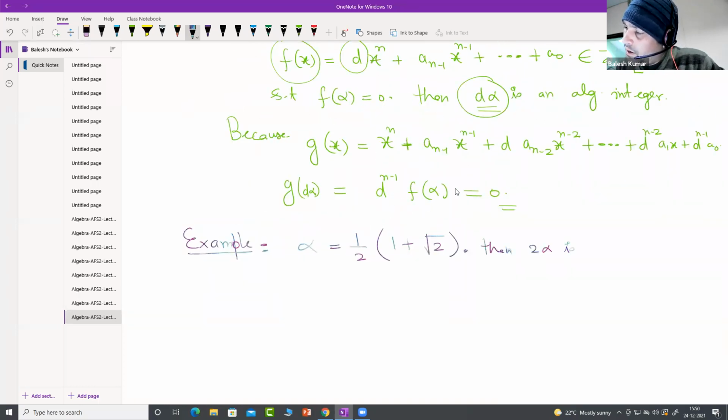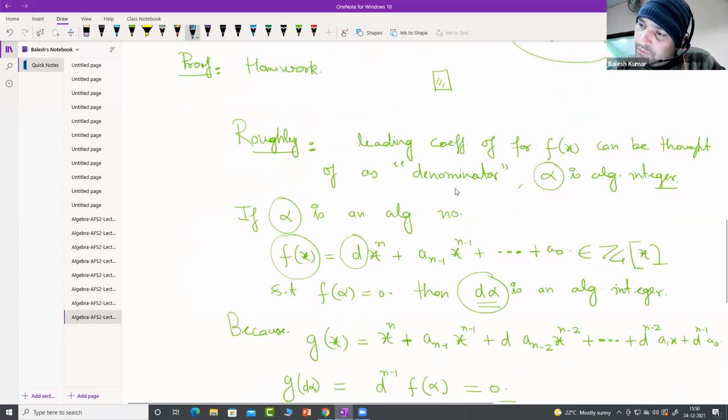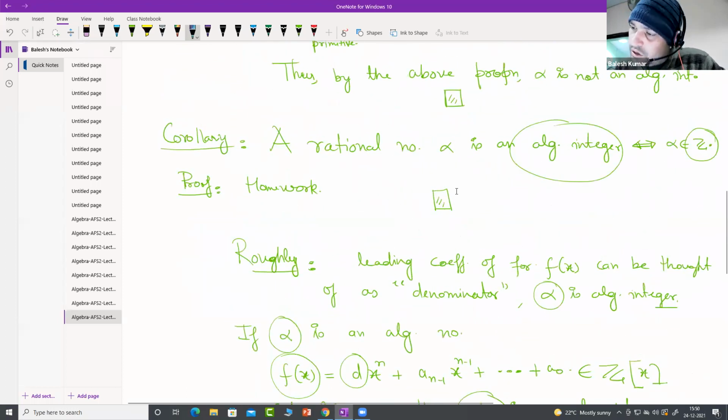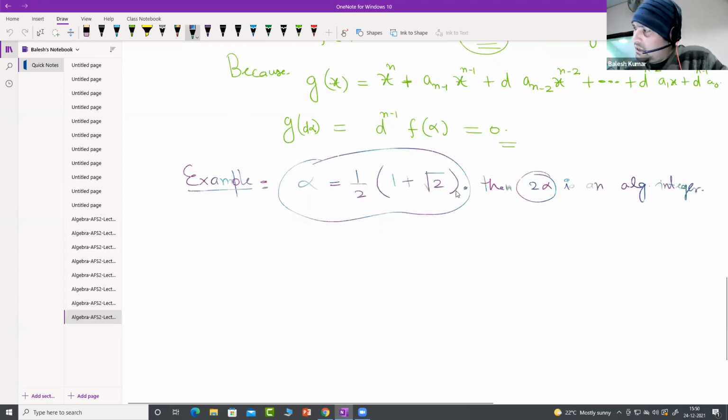But if you look at the leading coefficient of the polynomial for alpha, this leading coefficient is 4. In fact 2 does the job here, because one can prove that 2 alpha is an algebraic integer. However, the leading coefficient is 4. So this denominator notion is not precise, but most often it is like that. So this is the one thing.